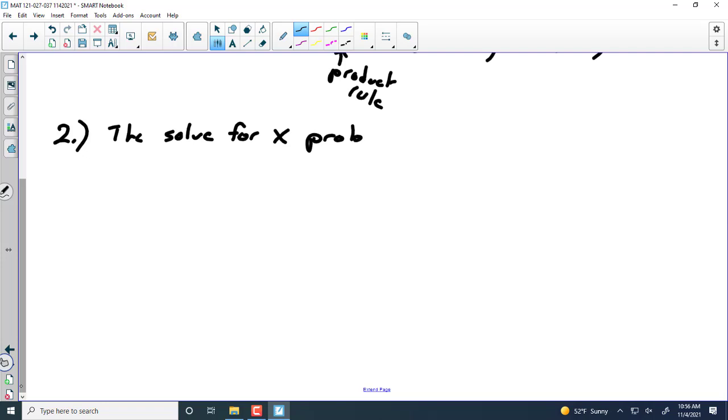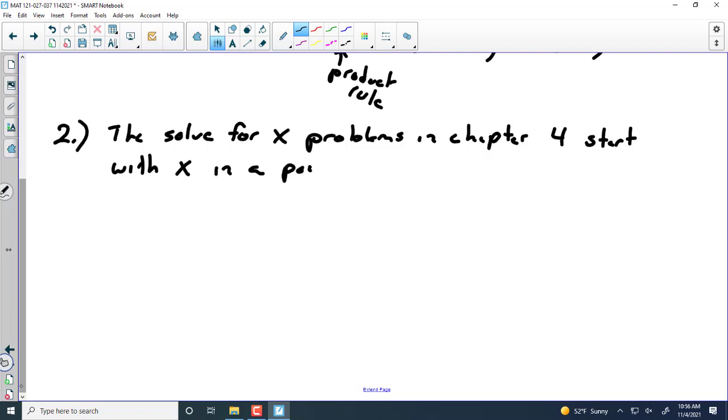The solve for x problems in chapter 4 start with x in a power or x mixed into a logarithm.